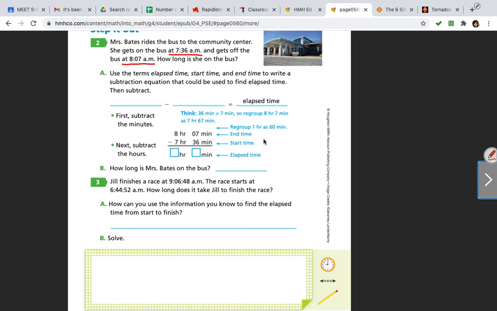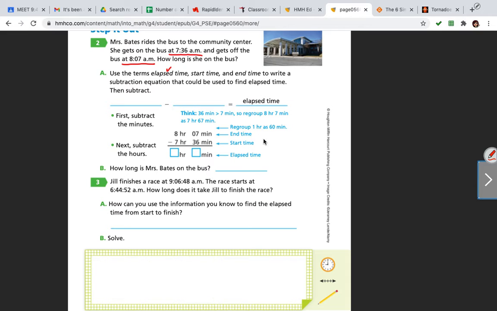So she gets on at 7:36 and then the bus lets her off at 8:07. How much time passes before she gets off the bus? Use the terms elapsed time, start time, and end time to write a subtraction equation that could be used to find the elapsed time. Well, they've already used elapsed time, so let's do the start time or the end.